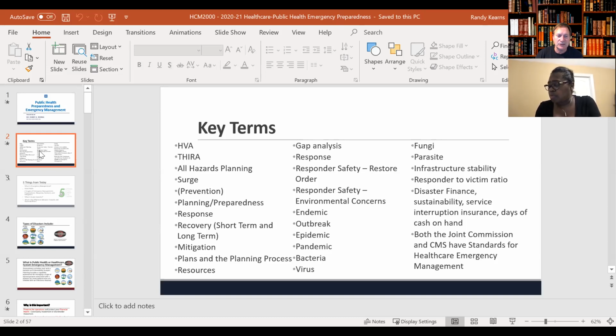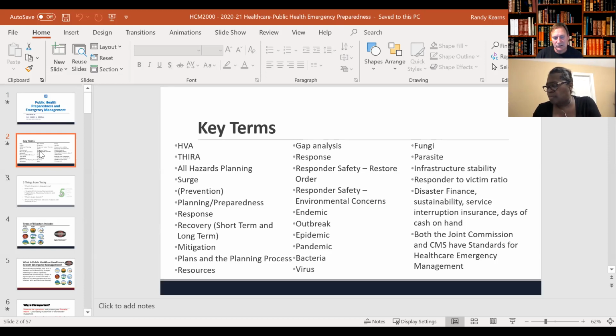And so these next terms, I've got a slide for these, but it helps us understand. In the most common way that we teach emergency management, there are 4 phases of emergency management. There's the planning phase, also known as the preparedness phase, but the planning, the response, the recovery, and the mitigation.